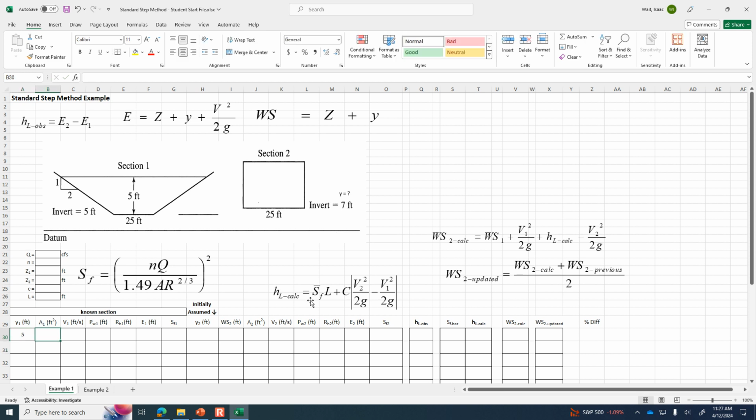The area is going to be 5 times 25, and then the area of the sides as well. So the depth is 5, 25 on the bottom. 2 to 1 means it's 10 on each side. 2 to 1 side slope.